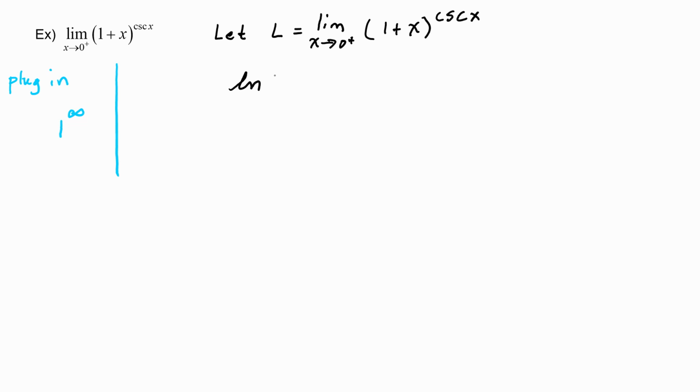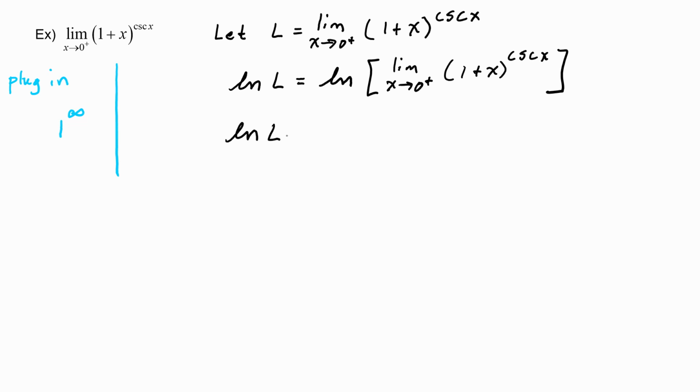So we have natural log of L is equal to the natural log of the limit as x goes to 0 from the right of quantity 1 plus x raised up to the cosecant x. The left-hand side we bring down natural log of L equals. Now because natural log is continuous, we can take the natural log of the limit or we can take the limit of the natural log. So we choose to switch these two and do them in the reverse order.